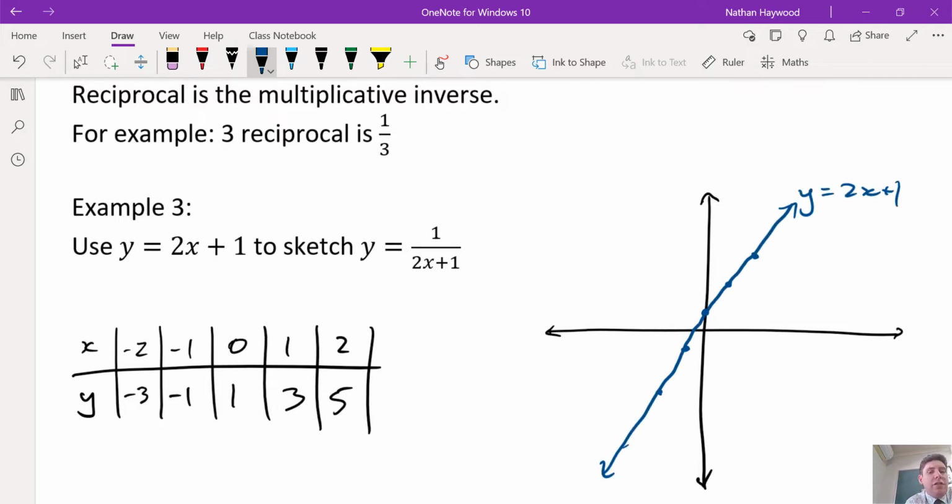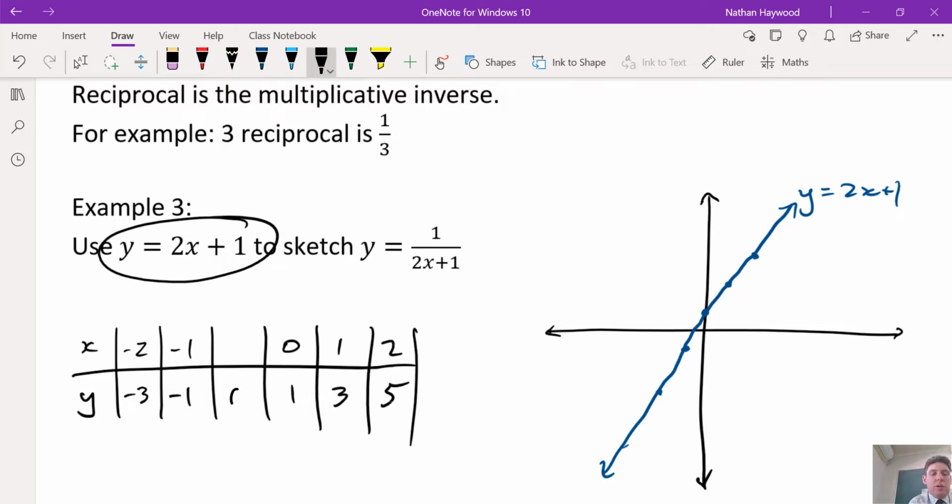Okay, now if we look at the inverse function, there's some point when it's 1 divided by 0. And for this normal function, what is that point? So when y equals 0, what's x equal to? Negative half.